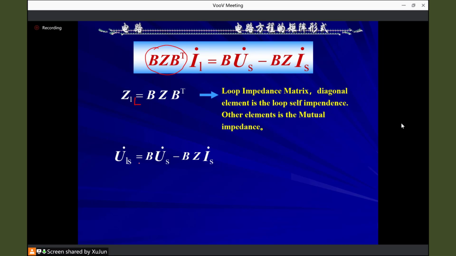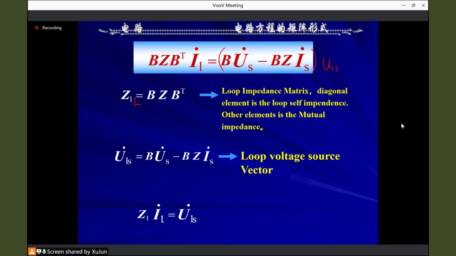We define this part as ULS, the loop voltage source vector. So we can write this function as ZL IL equals ULS. IL is the loop current, ZL is the loop impedance matrix, and ULS is the loop voltage source vector. This is the loop current matrix function.